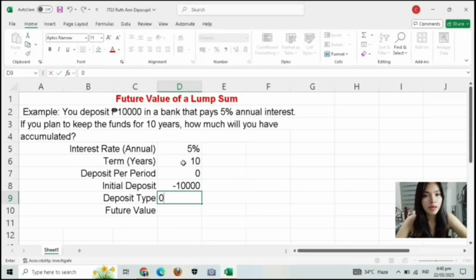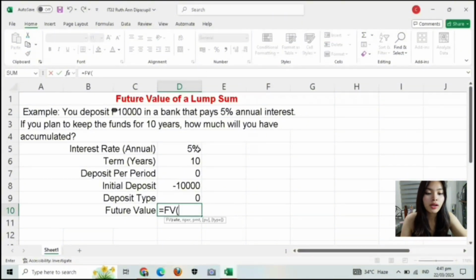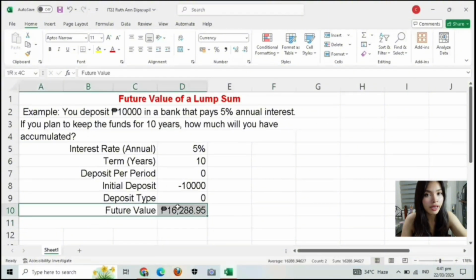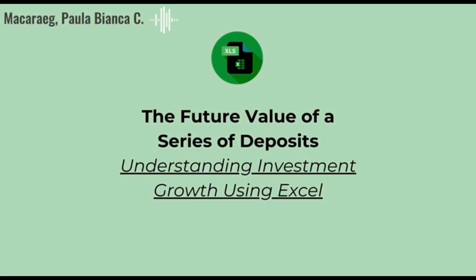And the deposit type is 0 because it is neither beginning nor end of a period. Let's just type the formula and we will already get the future value of a lump sum investment, which is 16,288.95.